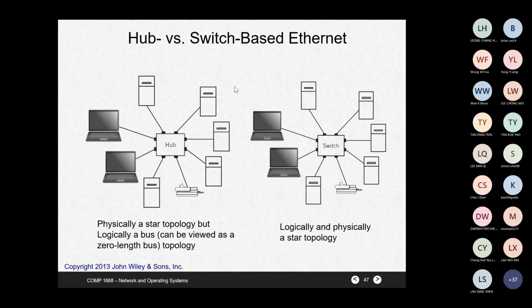So a switch is an active device, a smarter device, and it requires configuration before you can start using it. Other differences are that normally a hub is very much cheaper than a switch. The way a switch works is completely different from a hub. In a switch, you don't share the bandwidth.